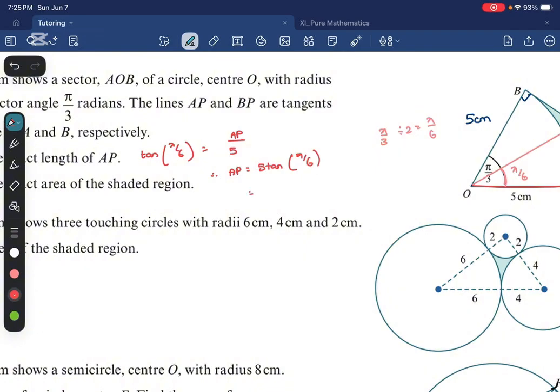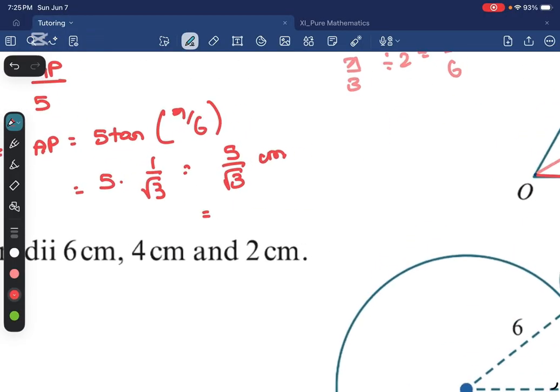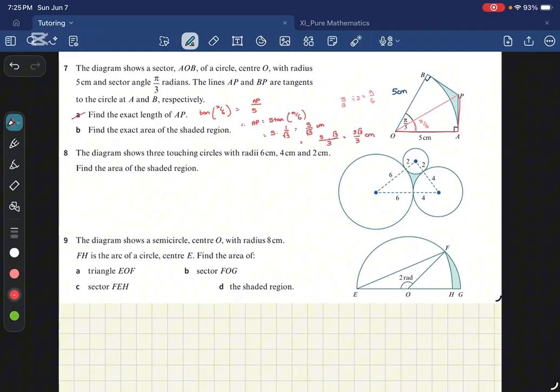And tan pi over 6, if you know the exact value, is 1 over root 3. So it's going to be 5 over root 3 centimeters. And another way to write 5 over root 3 is to rationalize it. So you multiply and divide by root 3, and in the denominator you just get 3. So you can write it as 5 root 3 by 3 centimeters. That is also okay. That is the exact length.